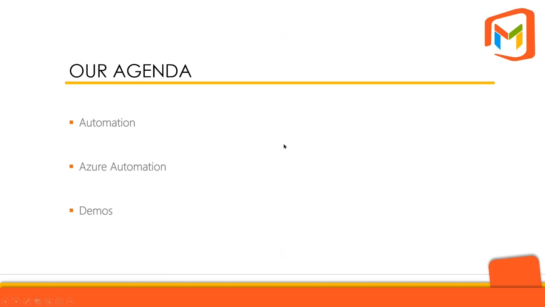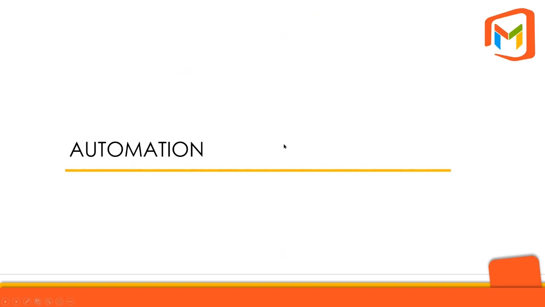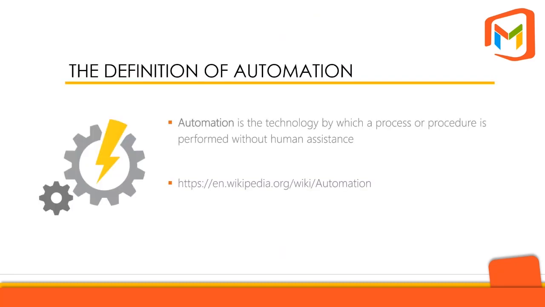So let's start with automation. If we go on Wikipedia and we just read the definition, it's written that automation is a technology by which a process or procedure is performed without any human assistance.